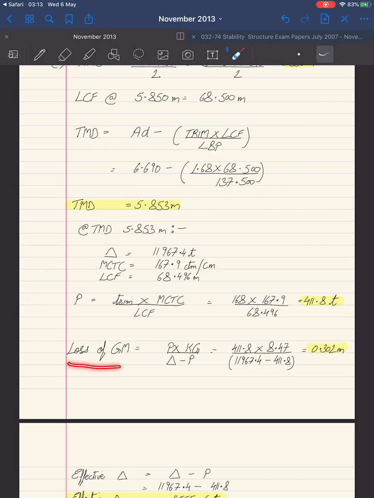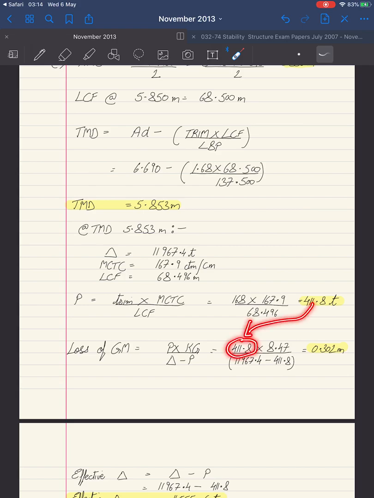Now, loss of GM. When we draw the drawing with G and M, G always moves up. M is the one which may move up or may move down. So we'll calculate loss of GM by the formula P times KG over displacement minus P. When we put in the values, P is 411.8 tons.